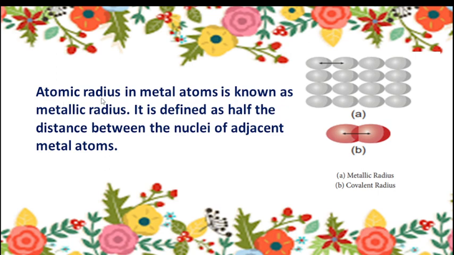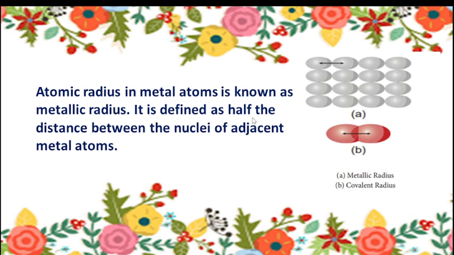The first type is metallic radius. The atomic radius in metal atoms is known as the metallic radius.